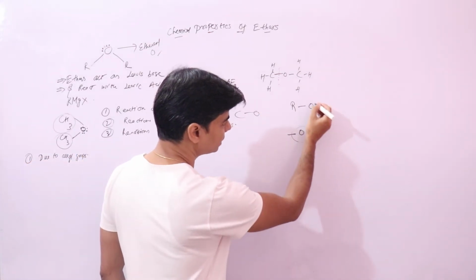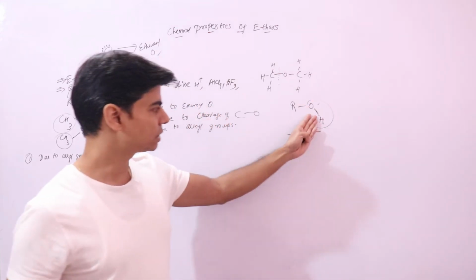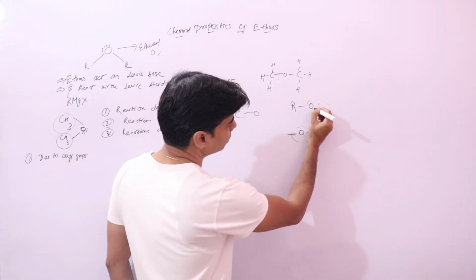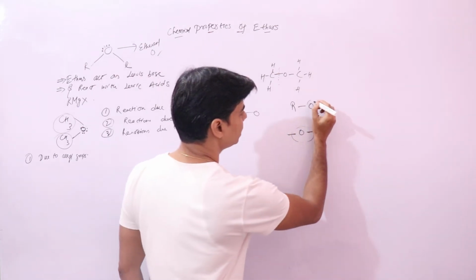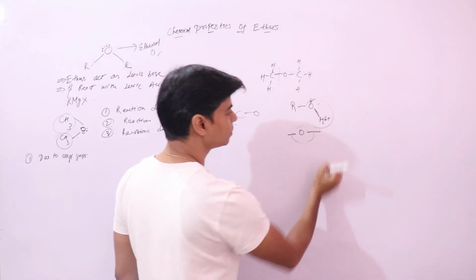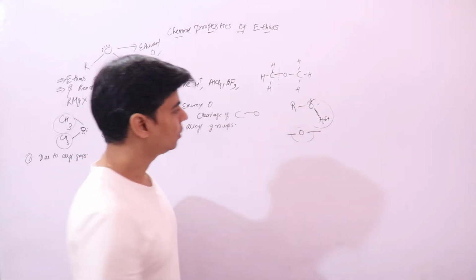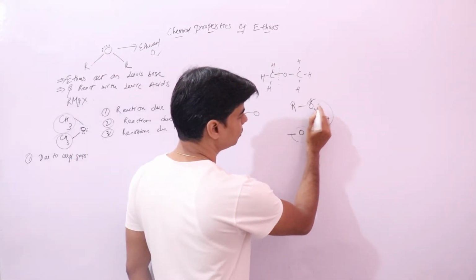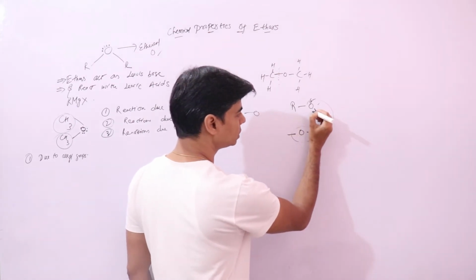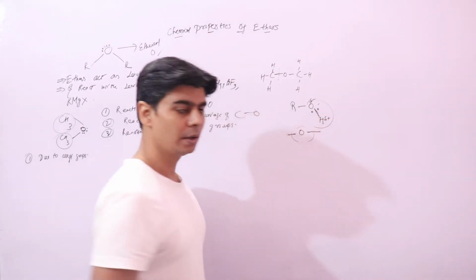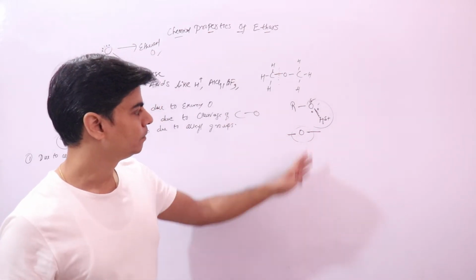Why is this less reactive? If you look at the structure of alcohol, an electronegativity difference exists between oxygen and hydrogen, due to which oxygen gets a small negative and hydrogen gets a small positive charge. Now we have a bond pair of electrons between these two, which would be shifted more towards oxygen due to its high electronegativity.